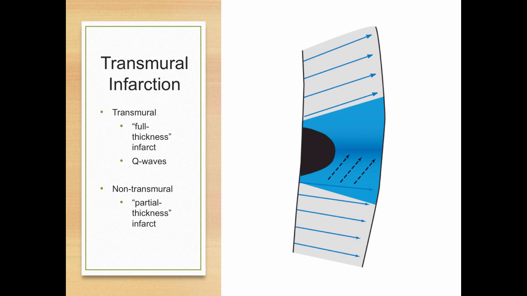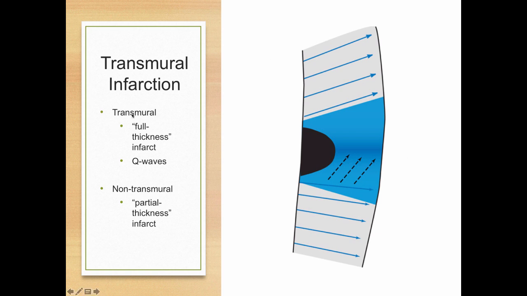So if you see significant pathologic Q waves on your patient's 12 lead, they had a transmural, a full thickness, we'll say, pretty big infarct. Our non-transmural infarcts aren't going to produce Q waves. These are partial thickness, like first or second degree burns, and they're not going to go all the way through.